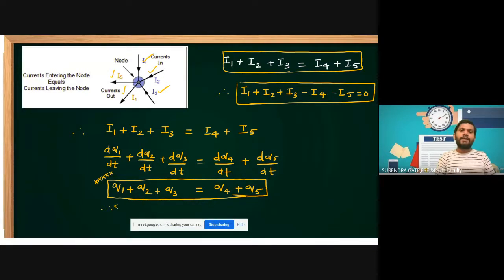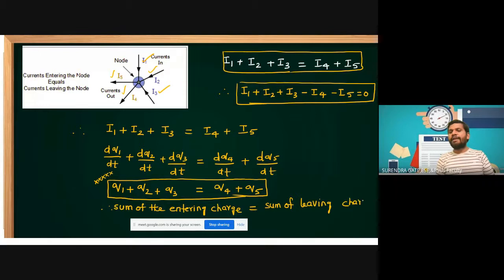But here, the algebraic sum of the entering charge, or simply entering charge, is equal to the sum of the leaving charge.